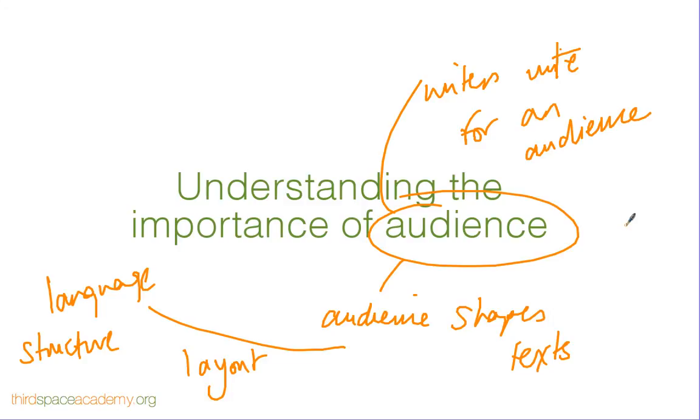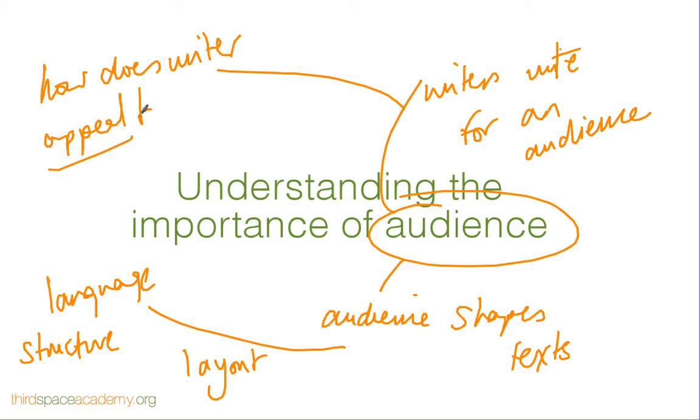But a writer's writing for an audience, and you need to work out again what are the techniques that the writer's using, which are appealing. How does the writer appeal to the particular audience? If you look at two articles, you've probably done this in the media studies element of your course.